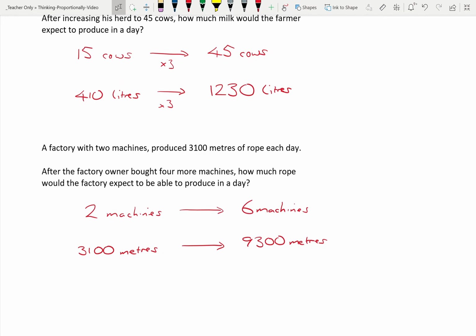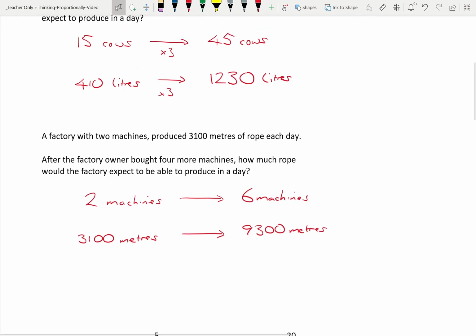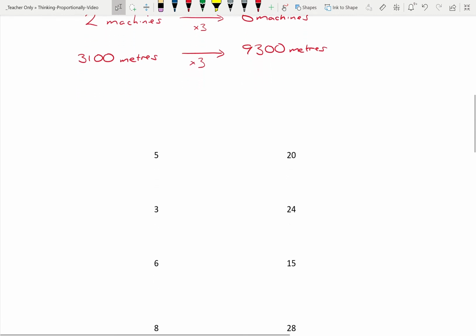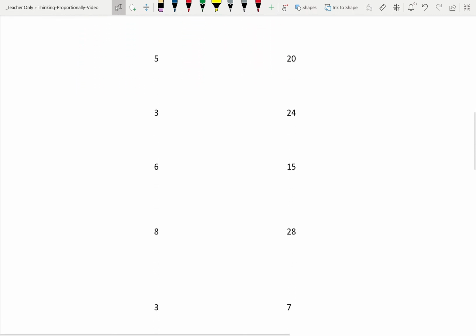And our factory with 2 machines, they bought 4 more machines, so they had 6 machines. Again, a nice easy multiplication by 3. It was fairly obvious. Now, let's consider the following.